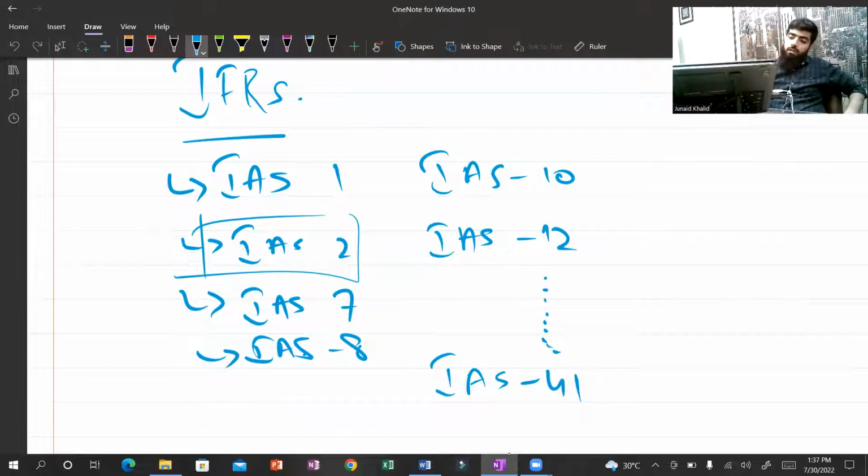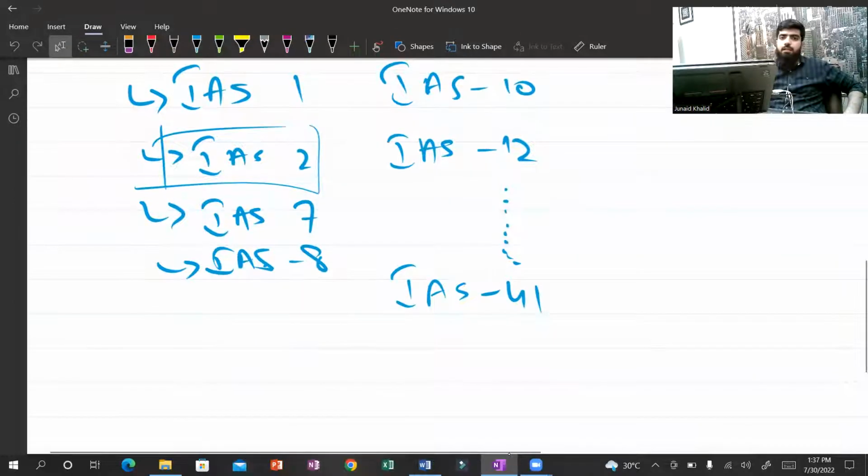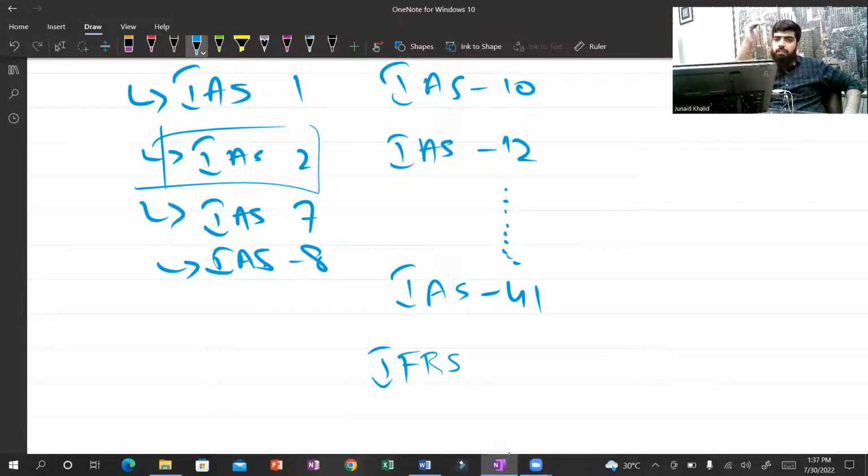Now IAS 41 was the last standard. After that, the International Accounting Standards Board decided to discontinue the sequence of IAS. The new sequencing is known as IFRS. After IAS 41, instead of IAS 42, they started a new sequencing with the name IFRS.